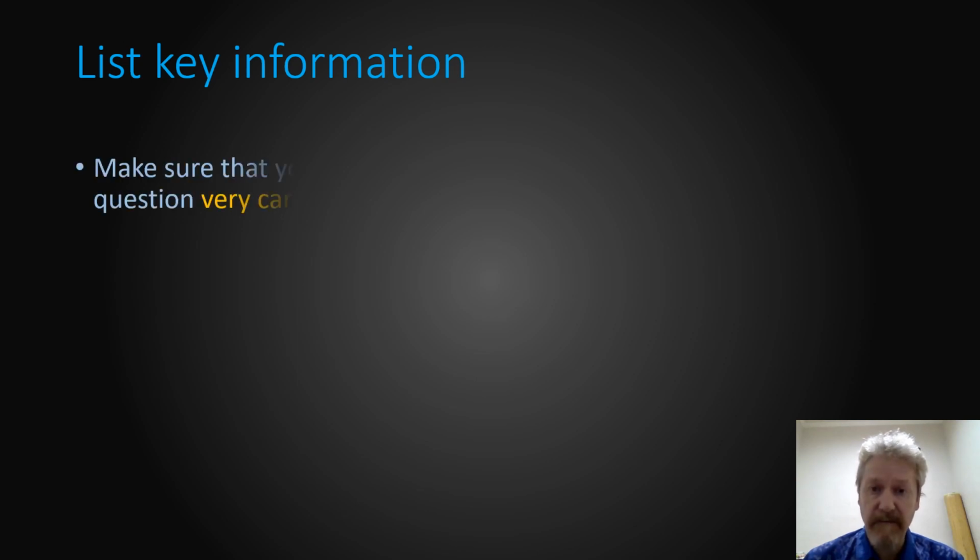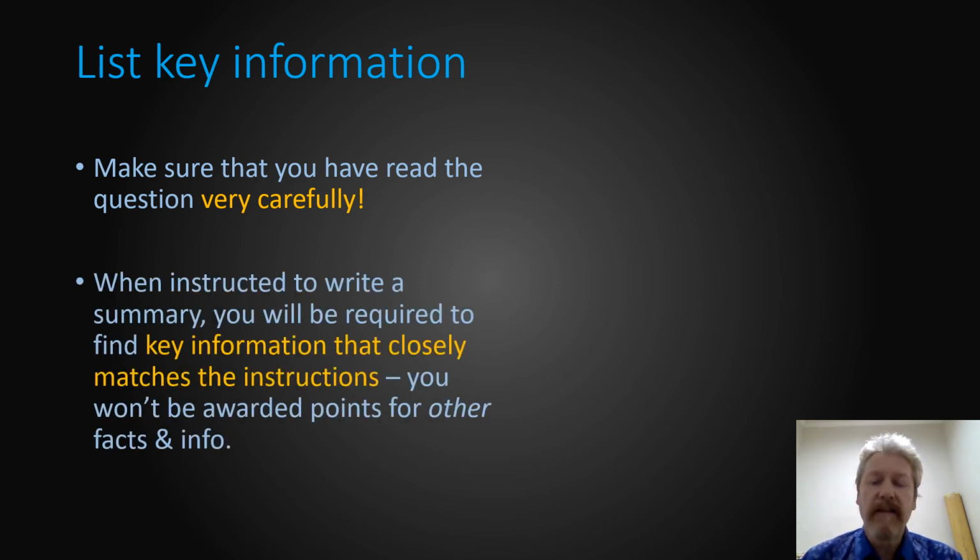Before you pause anything, let's talk about each of the questions. The first thing you'll have to do is to list key information from the text. Make sure that you have read the question very, very carefully, because it will ask you to list certain types of information and not other types. This is important, to be very selective, because in IGCSE, when you're instructed to write a summary, you will be required to find key information that closely matches the instructions.